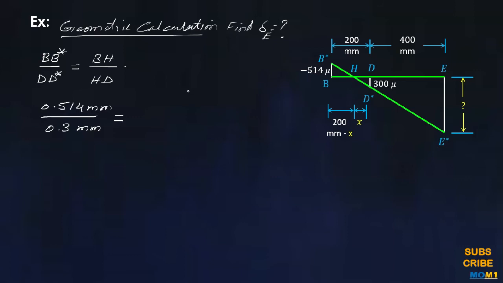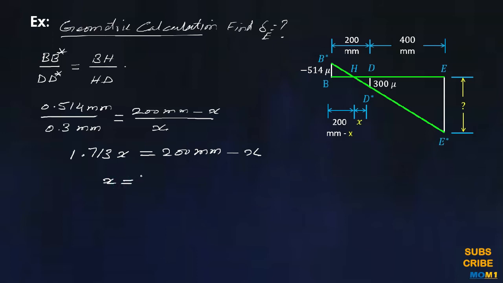So this we write as 200 millimeter minus X upon HD, which we have denoted with X. Now dividing and multiplying with X, we get 1.713 X equals 200 millimeter minus X, and after further solving we can write X as 73.719 millimeter. So we have calculated the value of this X.